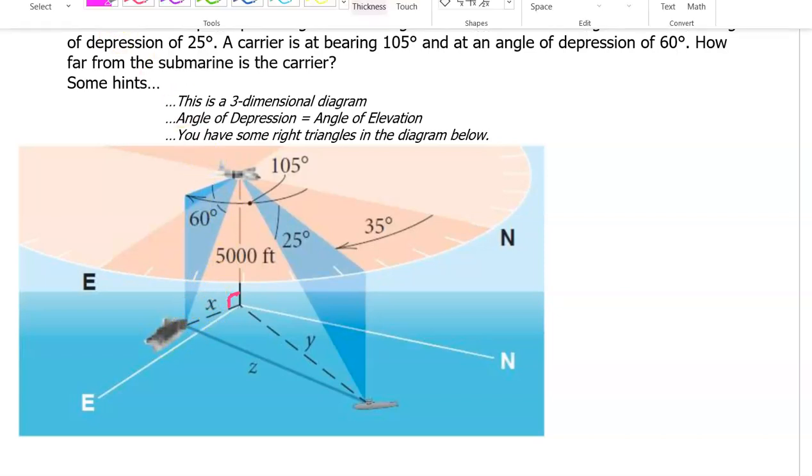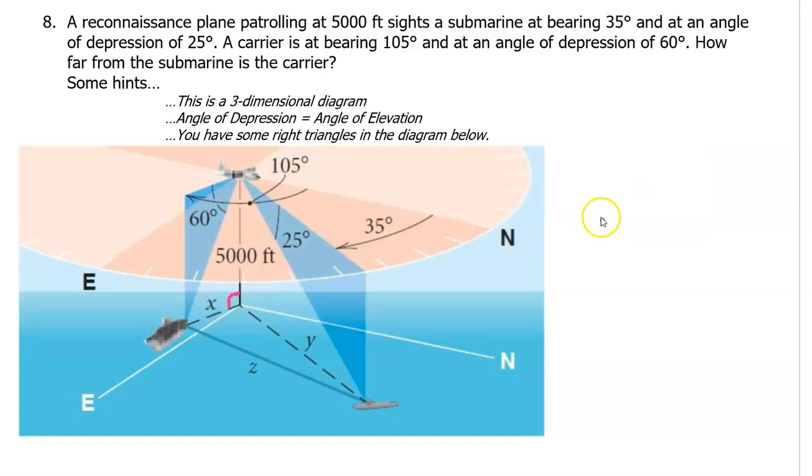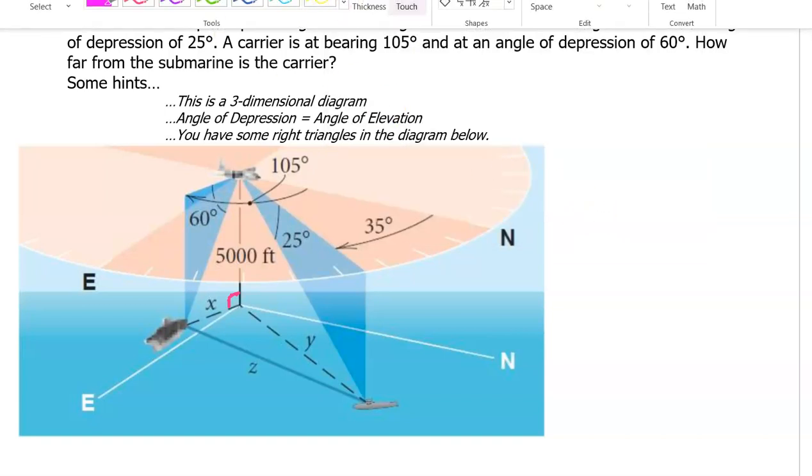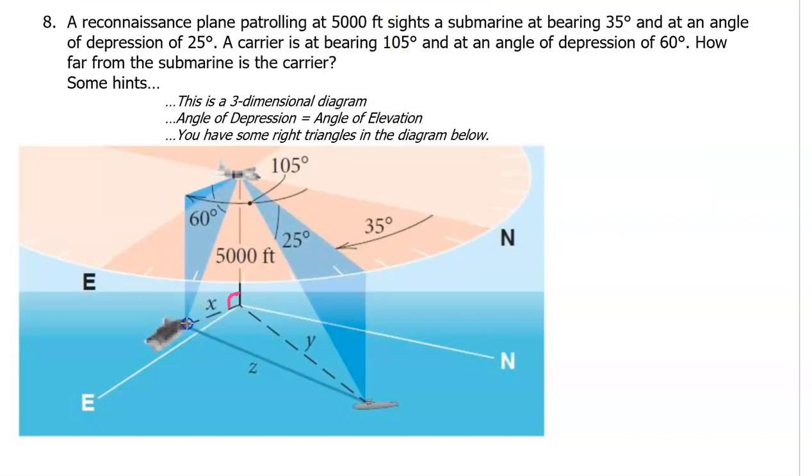So I want you to focus your eyes on the triangle that I'm about to trace for you. Okay, this is a right triangle, even though it's drawn kind of in 3D, so it's not going to necessarily look like a right triangle. All right, this is the triangle that we are going to solve first.